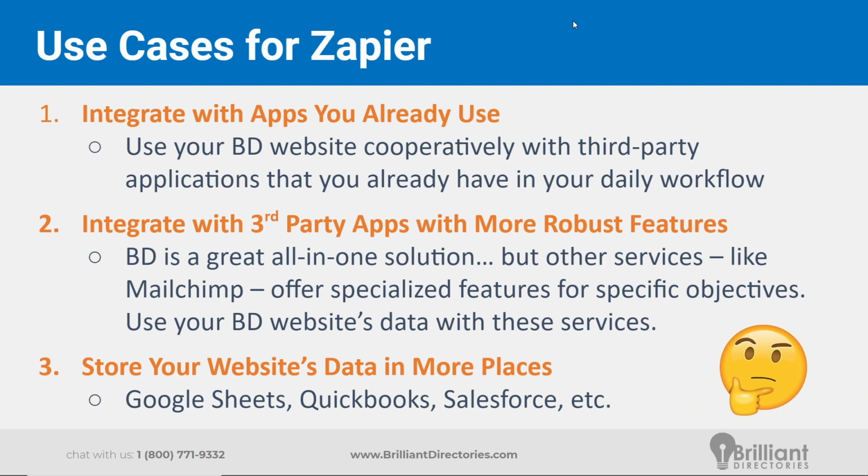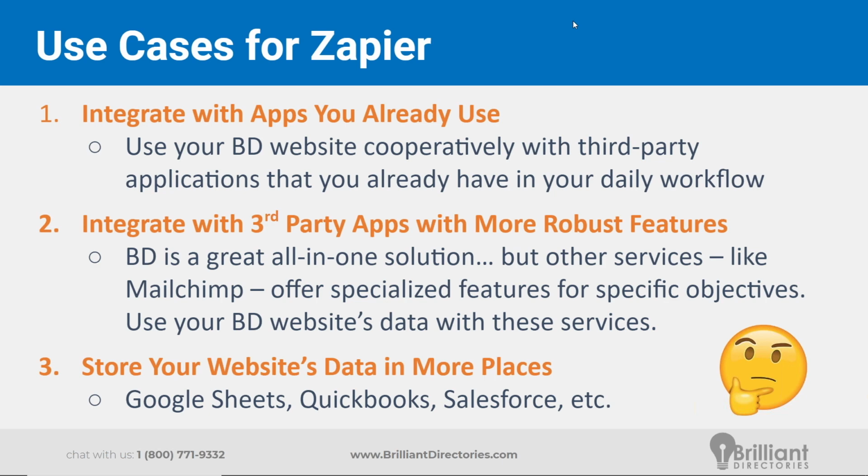Another one would be to integrate with third-party apps that have more robust features than Brilliant Directories does. So BD, it's a great all-in-one solution, but it is an all-in-one solution. There's a lot of other third-party platforms, applications, services like Mailchimp that offer specialized features in order to meet specific objectives.